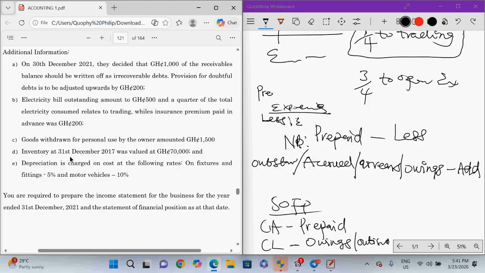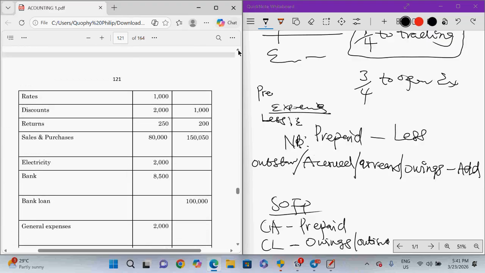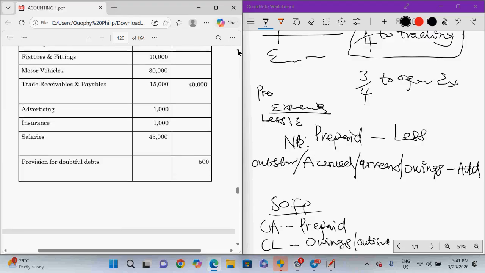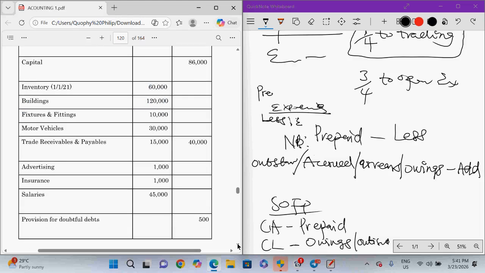What else? Inventory as at 31st December was valued at 70,000. Inventory at the end is always in the additional information. Inventory at the beginning, opening inventory, is always in the trial balance. Let's look at the trial balance. Can we see opening inventory? Yes, this is the inventory at the beginning, 1st January 2021.